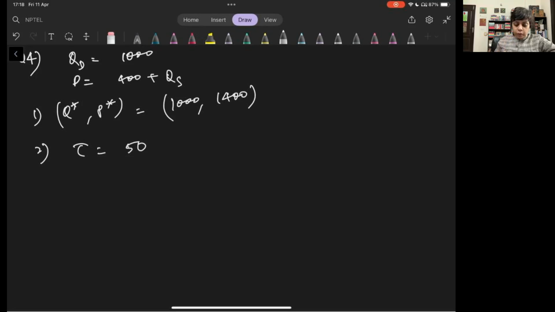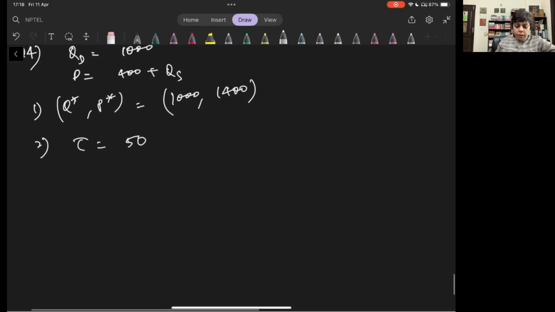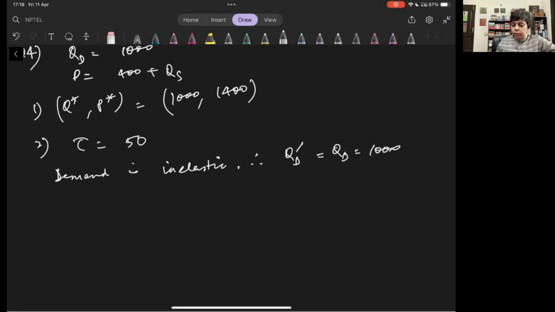Now tau equal to 50 means, well, you can see that one thing which does not change is the quantity, right? Quantity is not going to change because demand is inelastic. QD prime, let's say, is equal to QD, still the same, 1000, right?